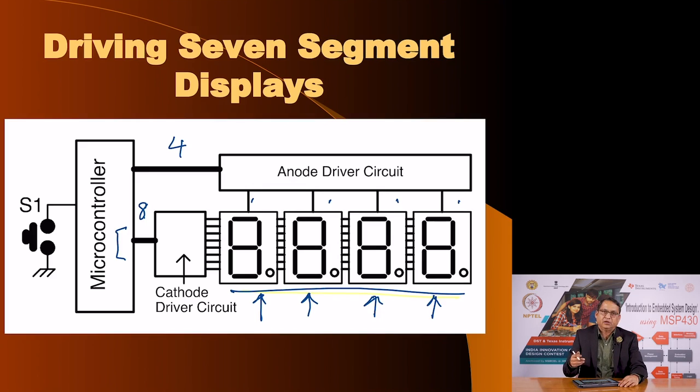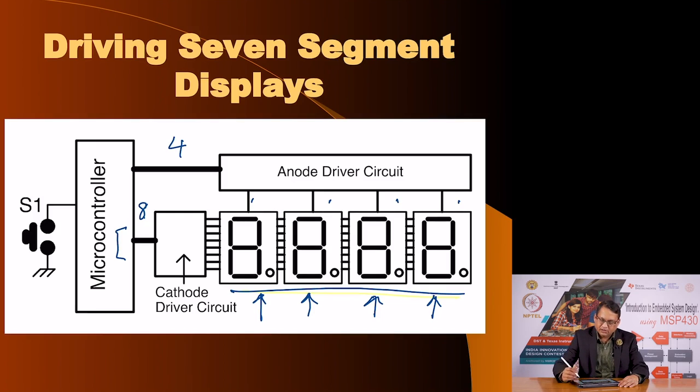If this is repeated at a fast enough frequency, then the eye will actually see all the 4 digits simultaneously on, and this is what allows multiplexing techniques to use less number of pins and control large number of LEDs.